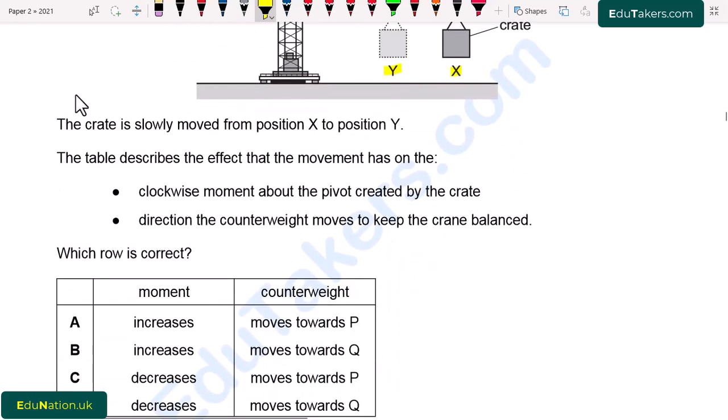The crate is slowly moved from position X to position Y. The table describes the effect that the movement has on the clockwise moment about the pivot created by the crate, and the direction the counterweight moves to keep the crane balanced.